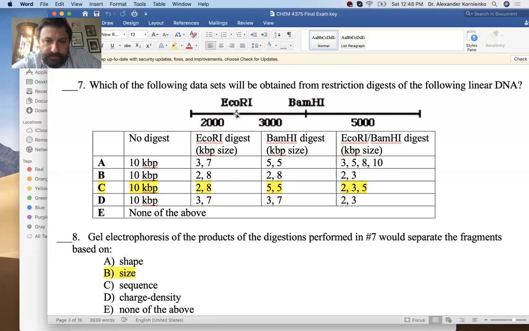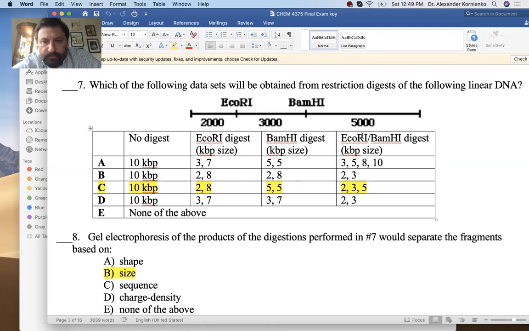So if this works on this sequence and cleaves it at this position, then you get two fragments, 2 and 8 kilobases, right? This is in thousands, so it's kilobase pairs, right? Okay. So this one will be 2 and 8. So EcoRI, then BamHI is going to cleave it in half, 5 and 5.